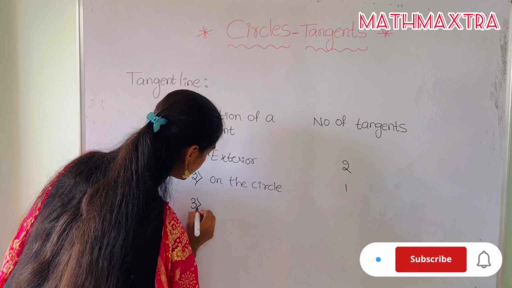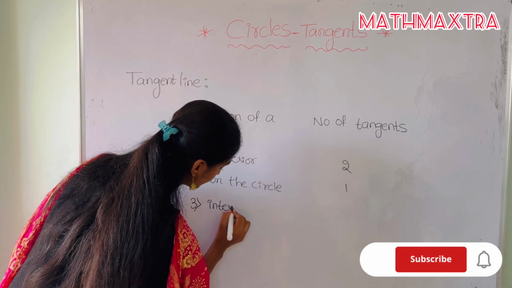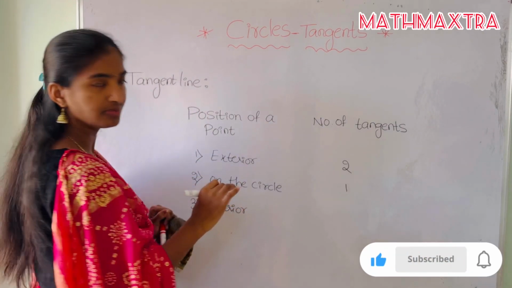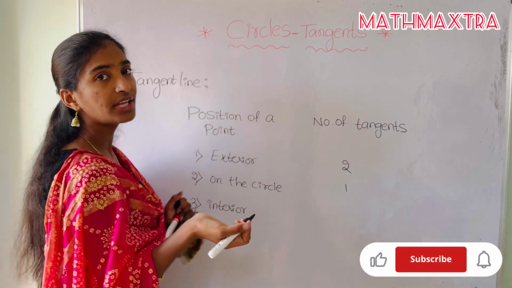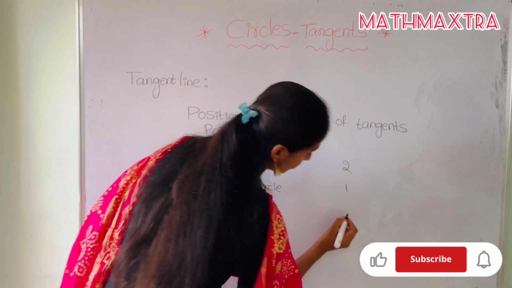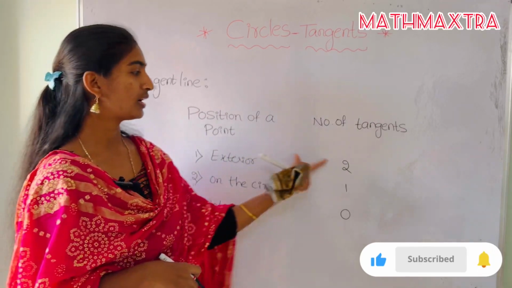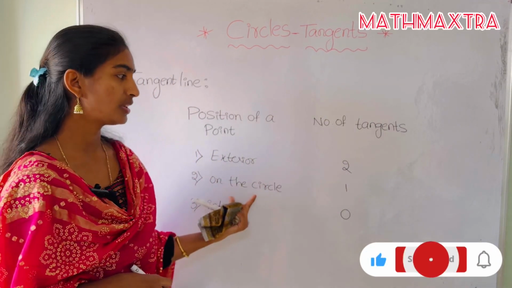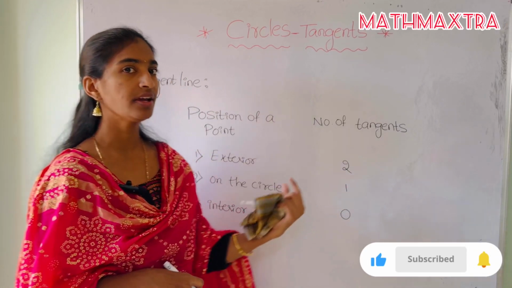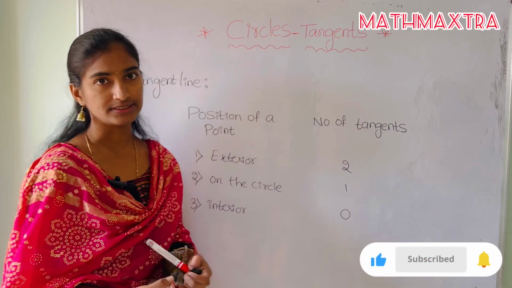And the third case is interior of the circle. If the point is interior of the circle, we can draw 0 tangents. So if your point is exterior, we can draw 2 tangents. If the point is on the circle, you can draw 1 tangent. If the point is interior of the circle, you can draw 0 tangents.